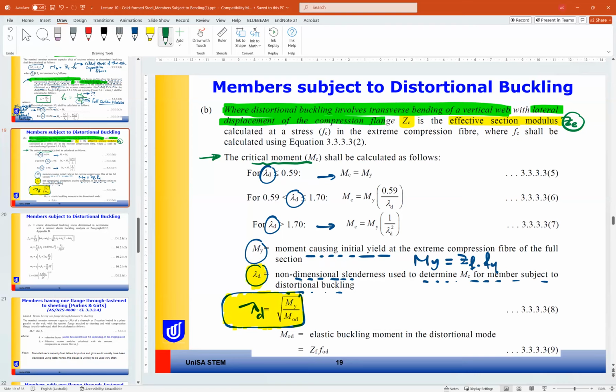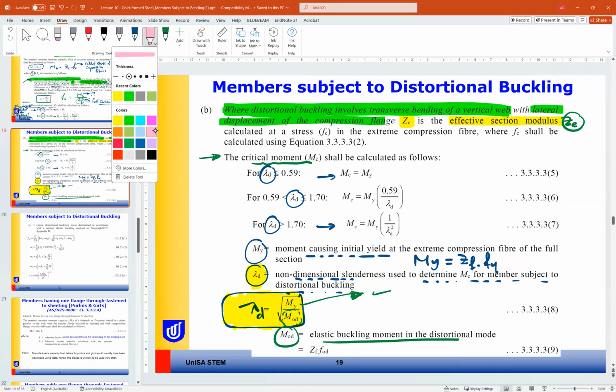So M yield, okay. MOD is the elastic buckling moment in the distortional buckling mode. So MOD is equal to ZF times FOD.